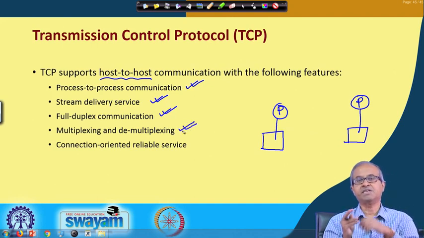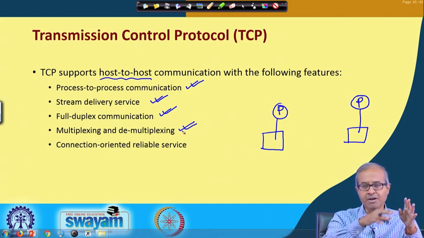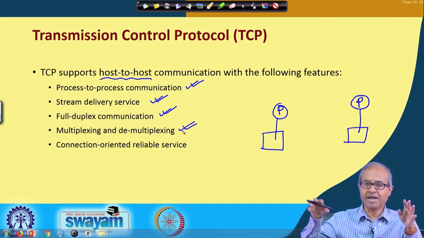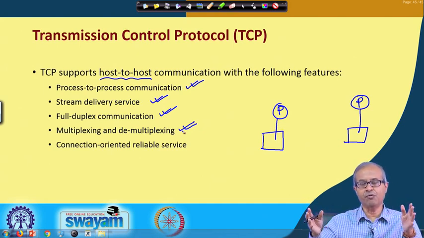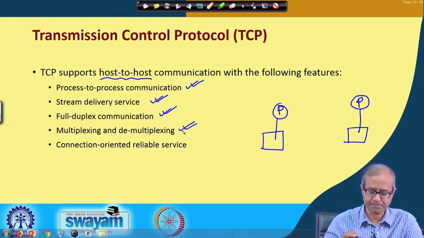Multiplexing and demultiplexing means multiple active connections may be present between the two ends and multiple packets for multiple connections can flow through the same links and same logical links. These are called multiplexing and demultiplexing.